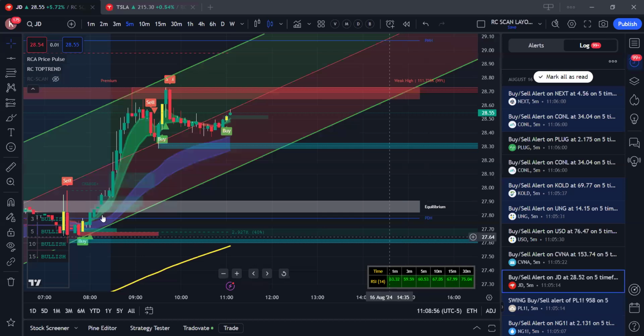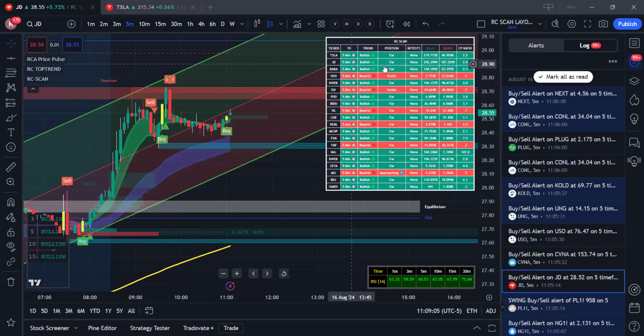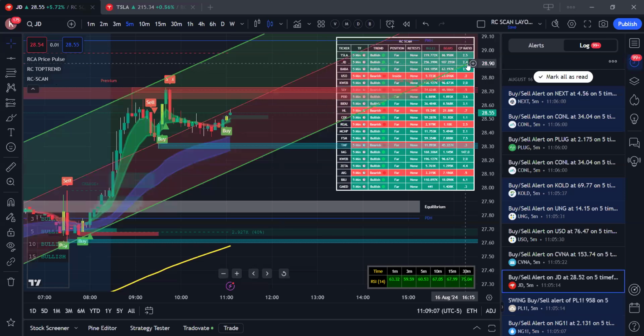RSI, everything is green. Trend is completely green. Came, touched the swing cloud and started bouncing up. If you see the scanner, JD has approximately 2.4, Baba is 2.3, KWeb is 2.0, PDD.